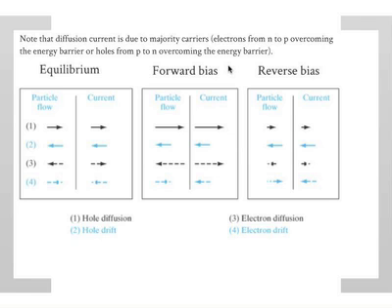Now what happens to the holes when they get to the N side? The drift, the potential, the field will try to pull it back. That's exactly right. In the depletion region, the built-in field will try to shoot it back.